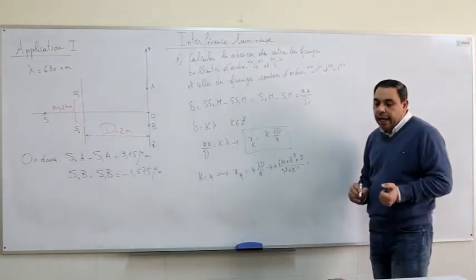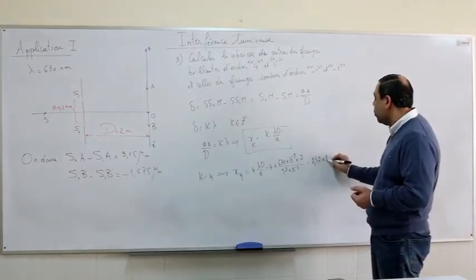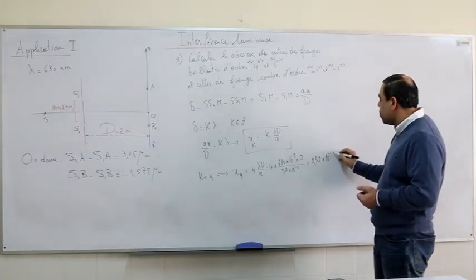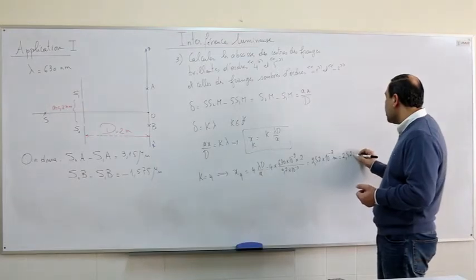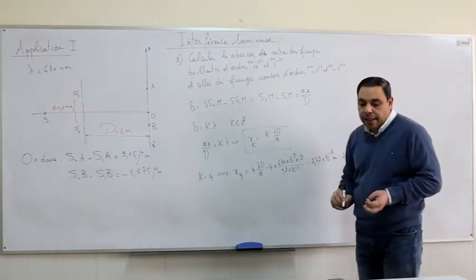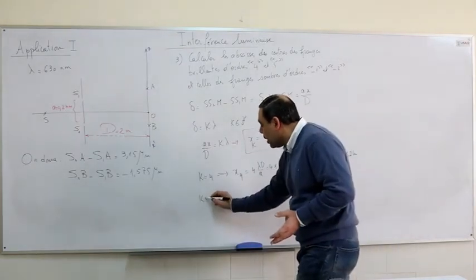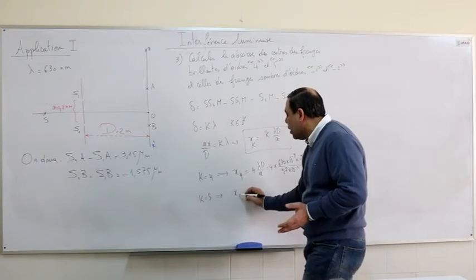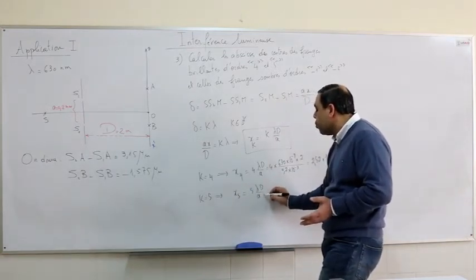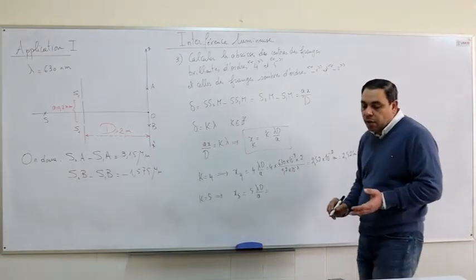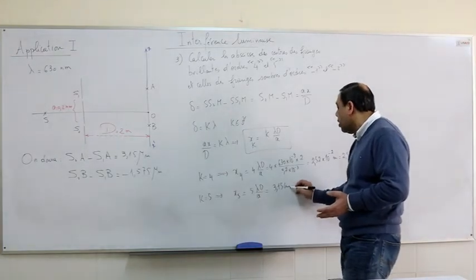The answer is 2.52 times 10 exponent minus 2 meters, or 2.52 centimeters. The abscissa of the bright fringe of order 5 corresponds to K equal 5. So X5 equals 5 lambda D over A, which is equal to 3.15 centimeters.